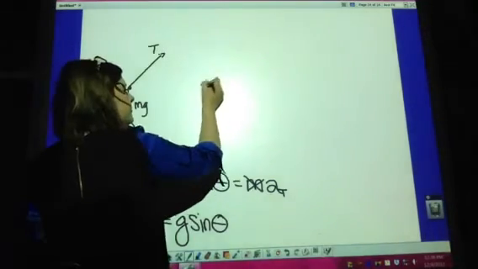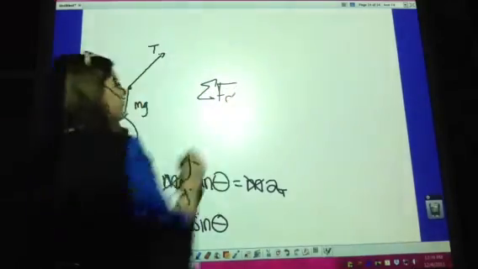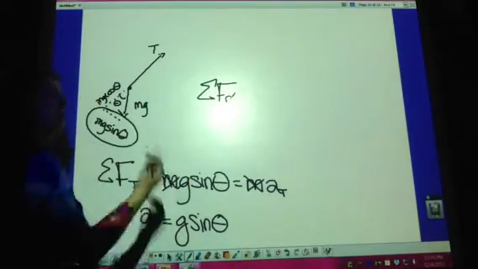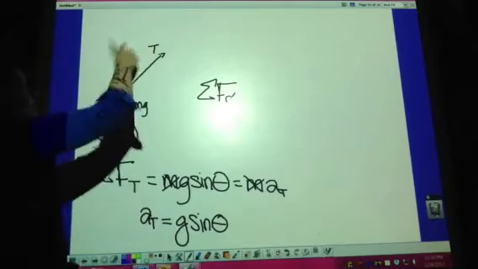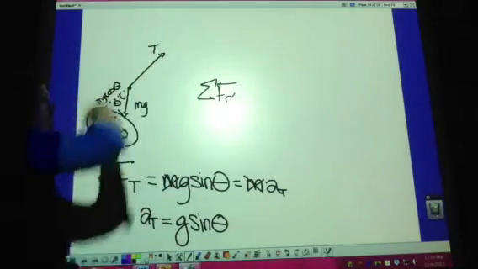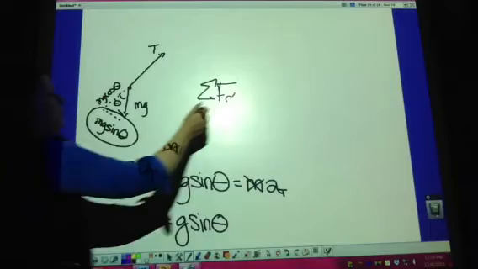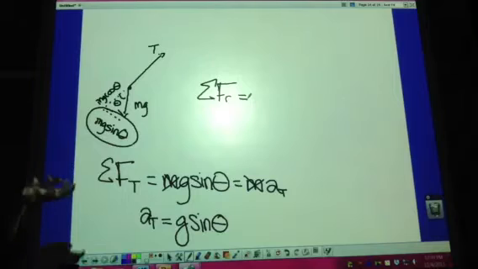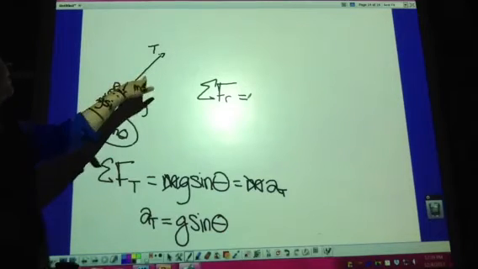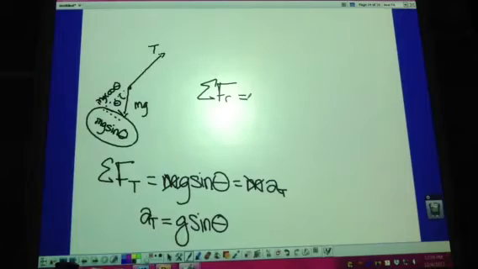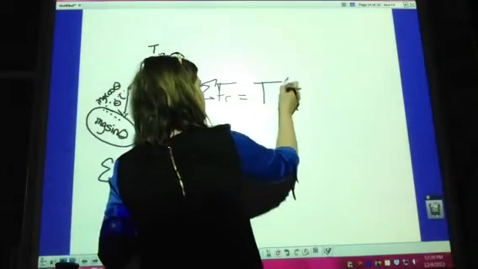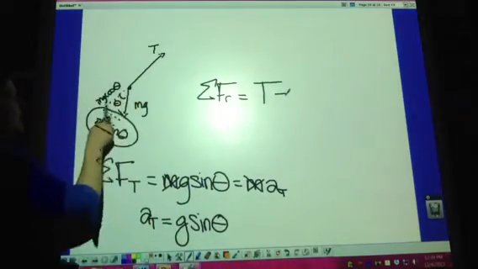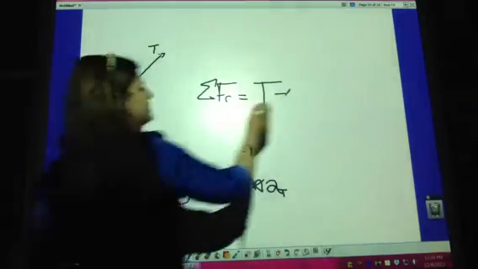The circle is moving this way, and the tension acts along the radius. My radial acceleration will be caused by those two forces there. So my radial forces are going to be tension minus mg cosine theta.